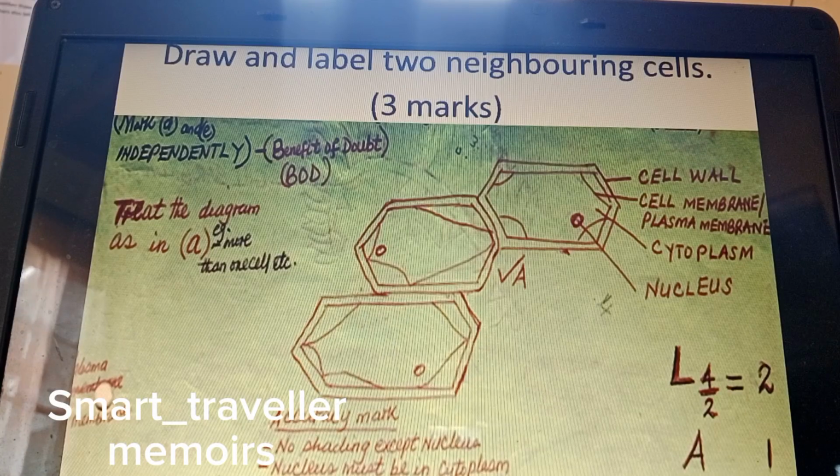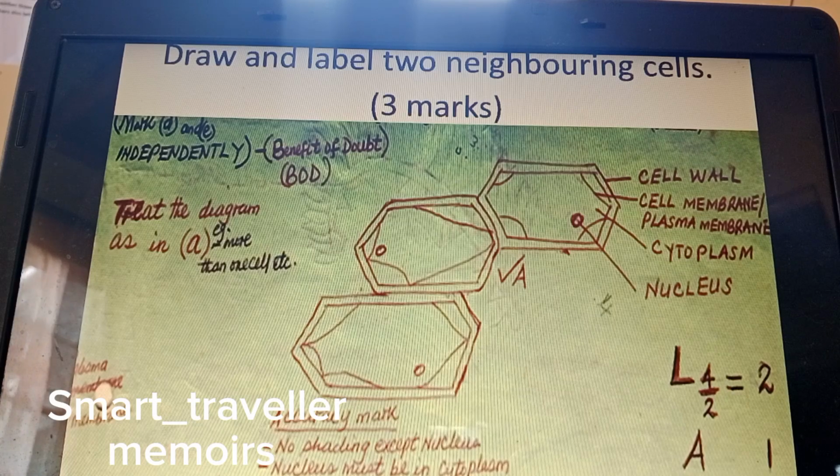Okay, so it's now after adding whatever you are being told to add. So mark D and E independently. Benefit of doubt. Treat the diagram as in A. All right, the diagram should be treated the way we treated A.